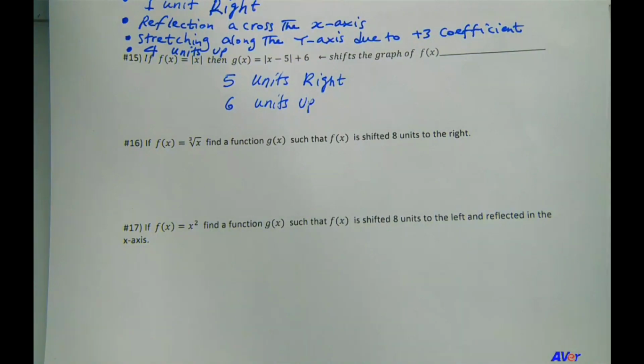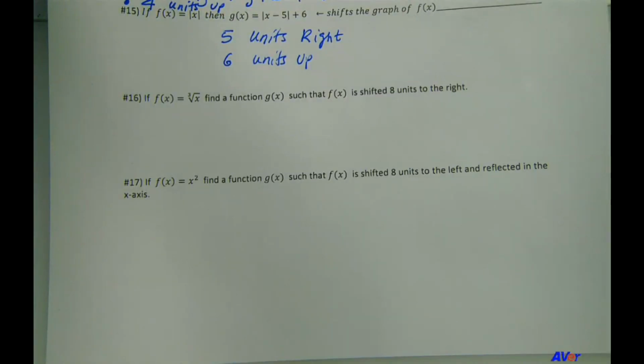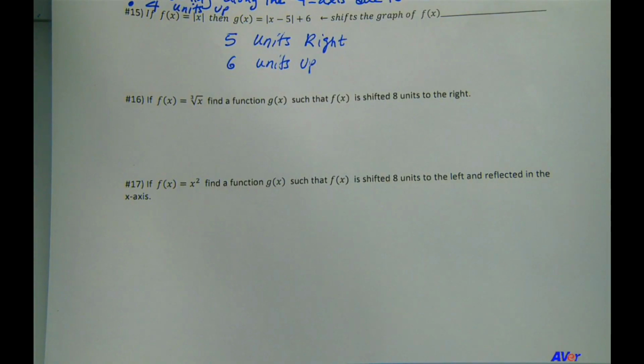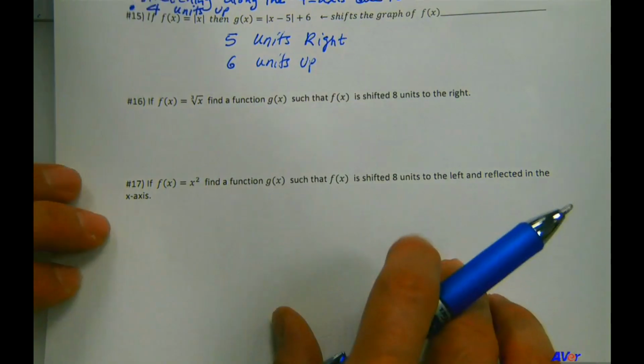So at this point, I strongly encourage you to pause the video for numbers 16 and 17. You can see them both on the screen now. For both of these, pause the video, write down your own answer on the paper, then come back to the video. Okay, I'm counting on you that you did that.